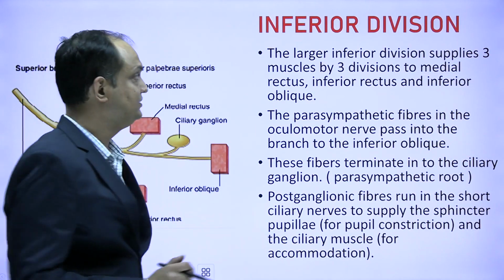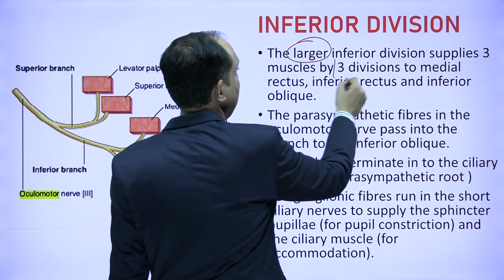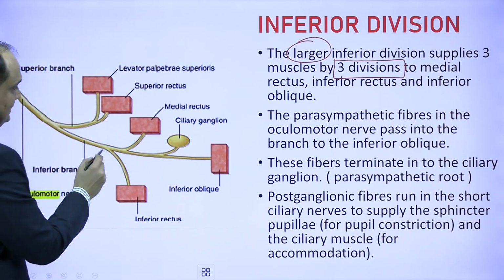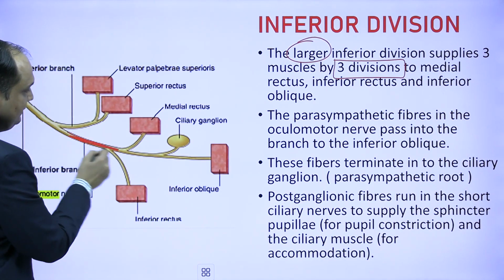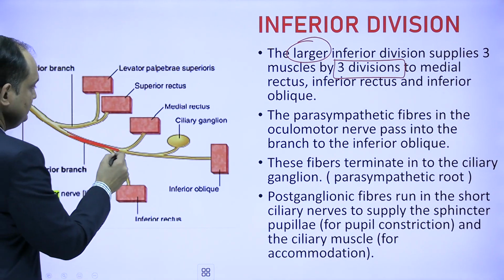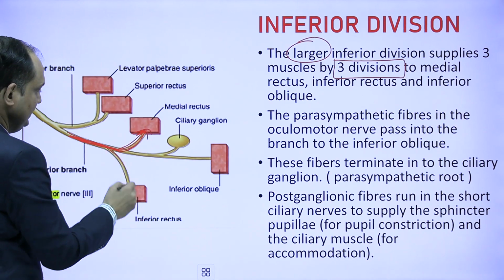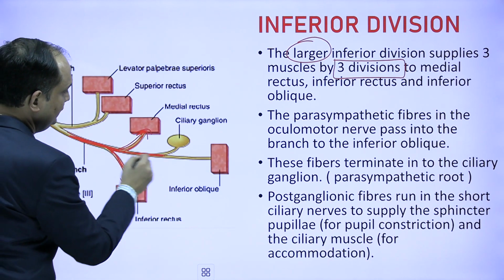The inferior division is the larger division, and it divides into 3 further divisions because it supplies 3 muscles. Here you can see the inferior division dividing into 3 divisions. One supplies the medial rectus, another supplies the inferior rectus, and the largest division is the nerve to inferior oblique.